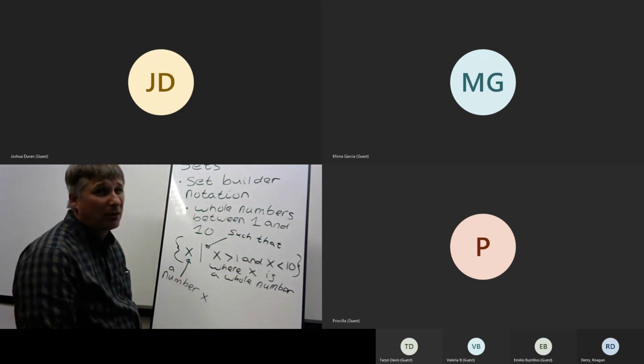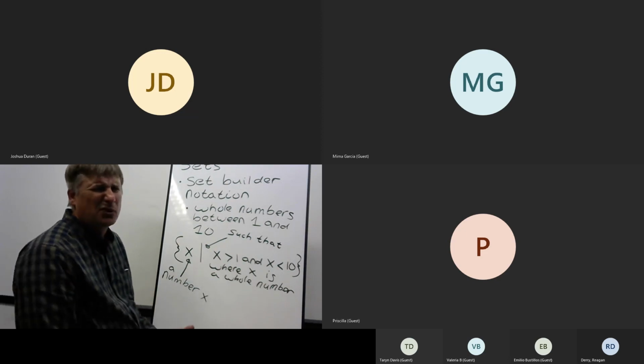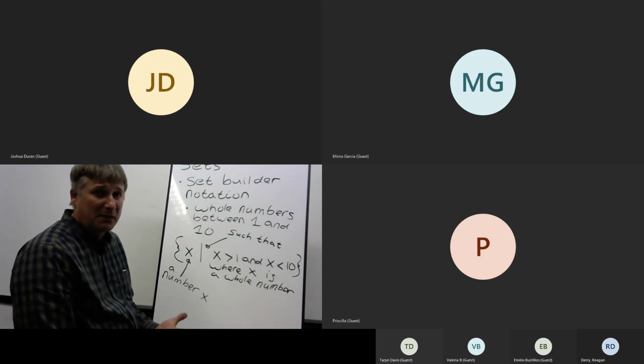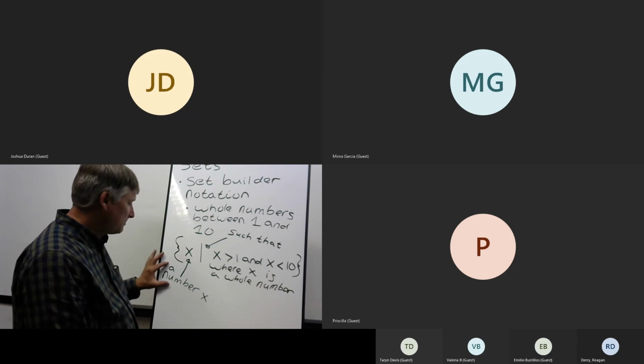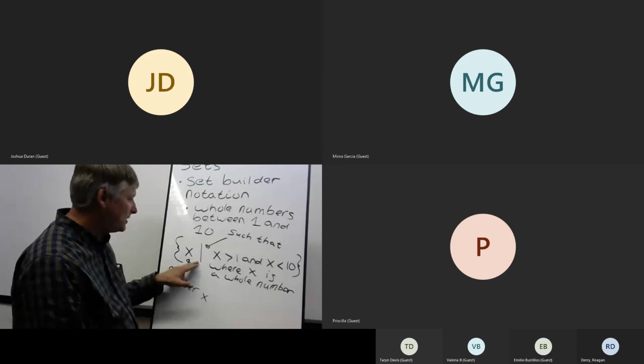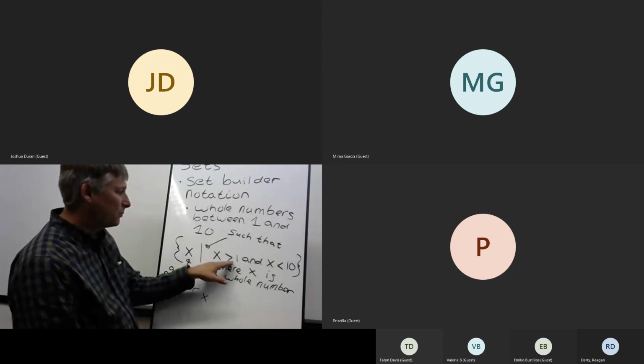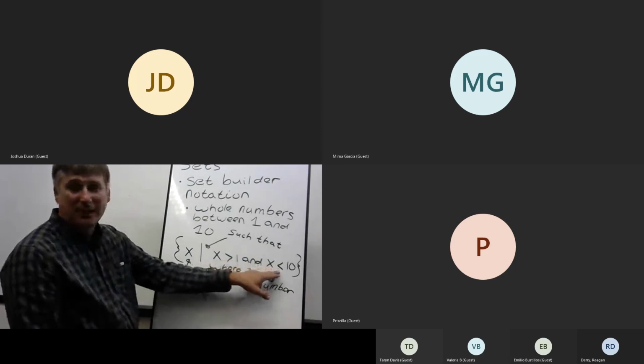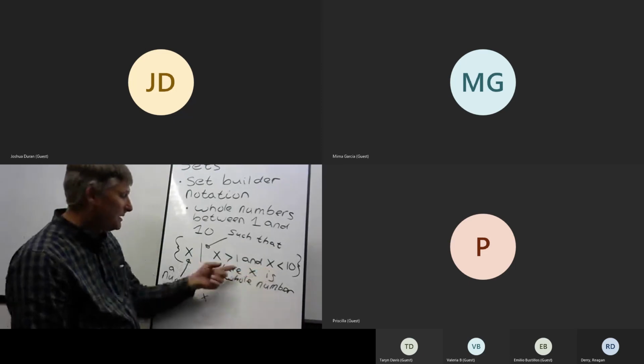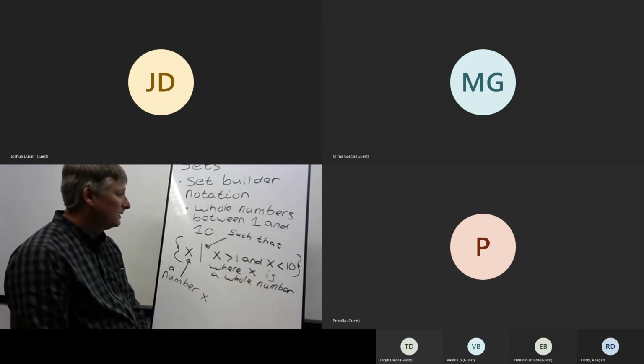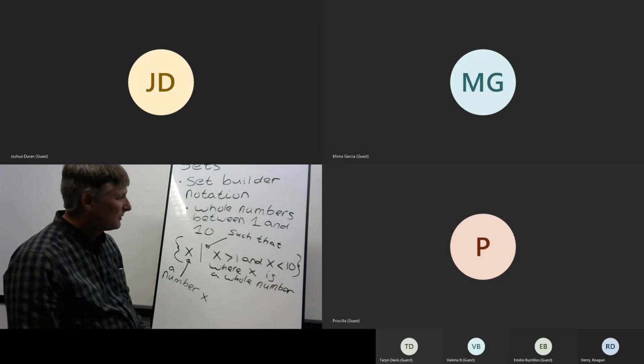This is just sort of formality. It's not really helping you do a computation per se, at least not in this example. But there's a number x such that x is greater than 1 and x is less than 10, and that x is a whole number. This is how you could write this in set builder notation.